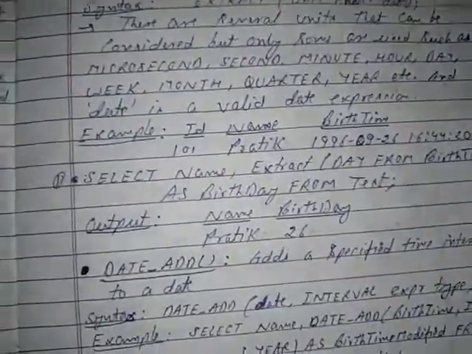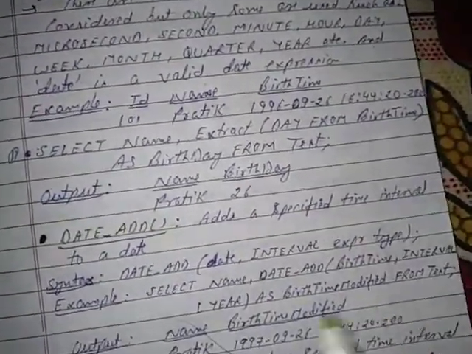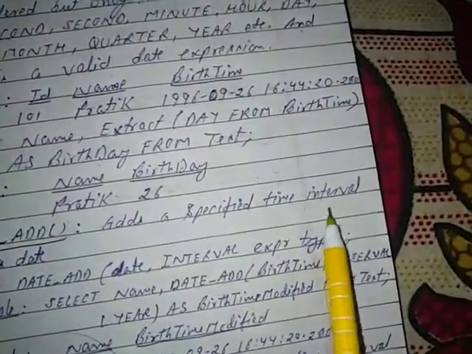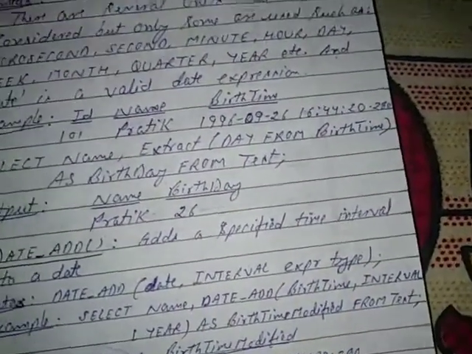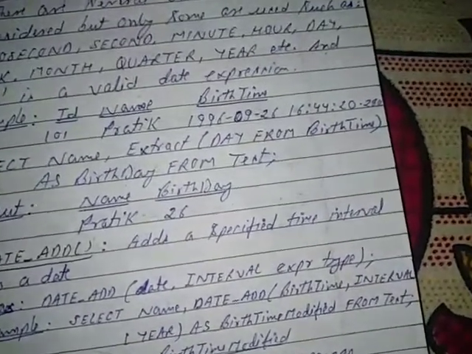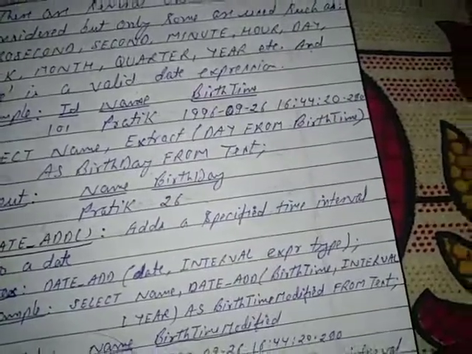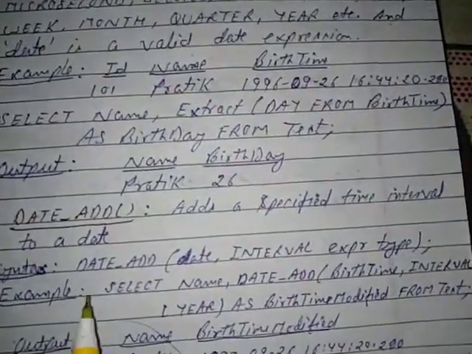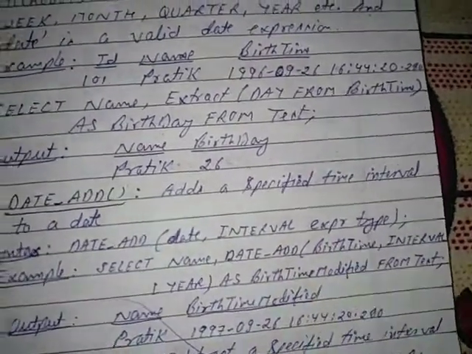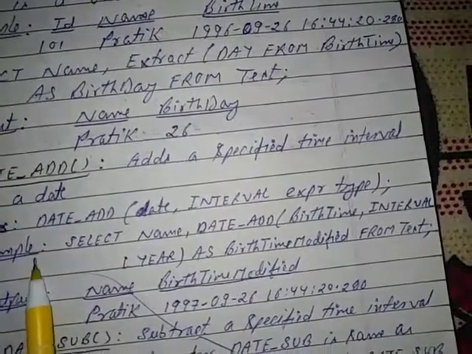Now we will discuss DATE_ADD. It adds a specified time interval to a date. This function is used when you want to add a specified time interval to a date. So the syntax is date add, date, interval, expression. Let us see the example.